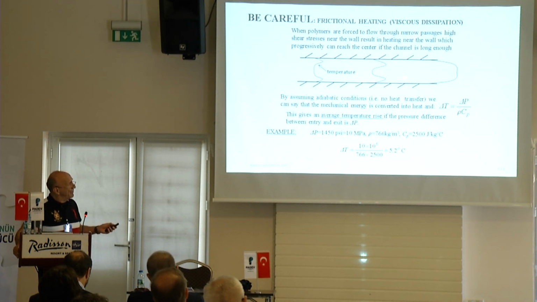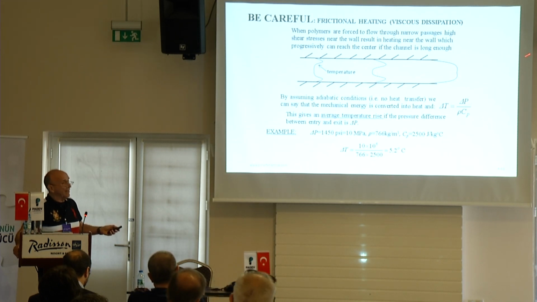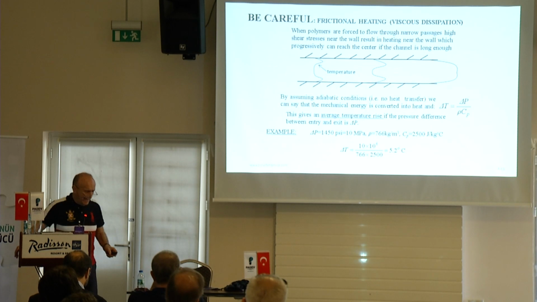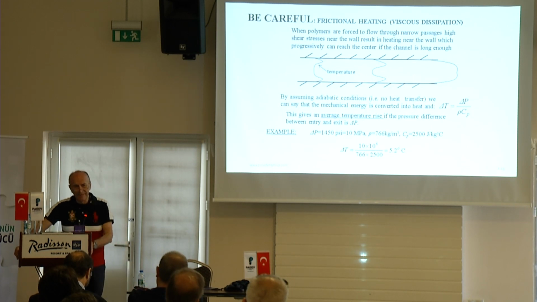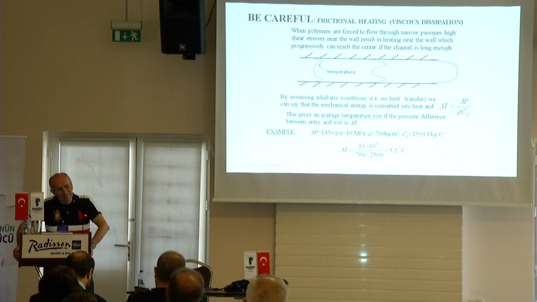Eventually, it will sort of penetrate towards the center. And if it is a very long tube, it will get like this. Now, you can easily determine, sort of what we say in North American English, a ballpark.